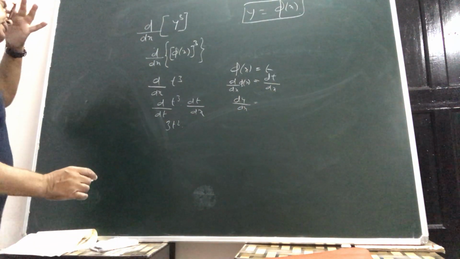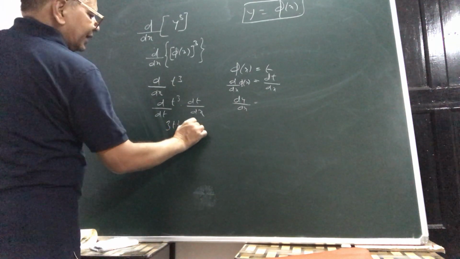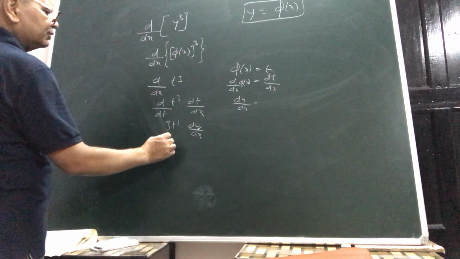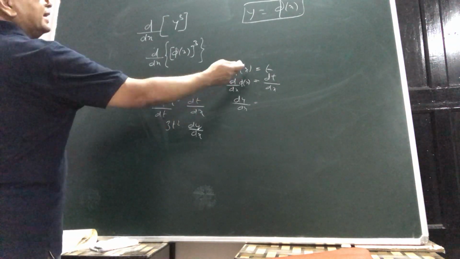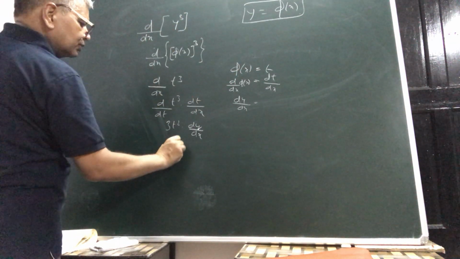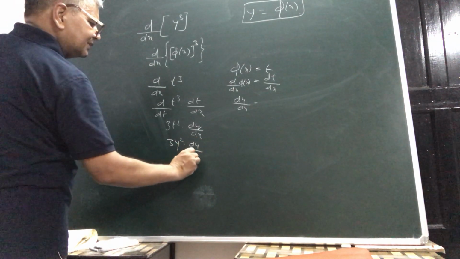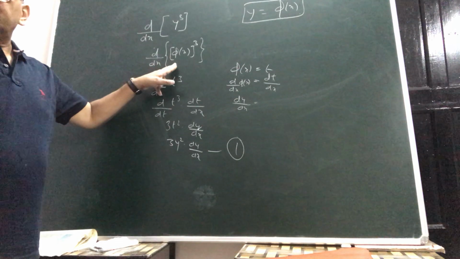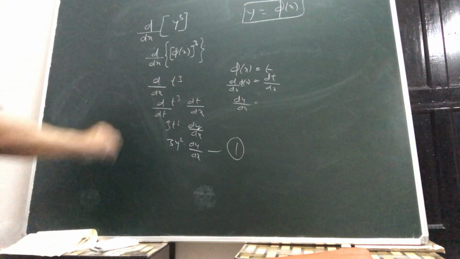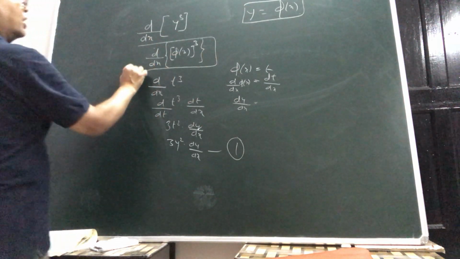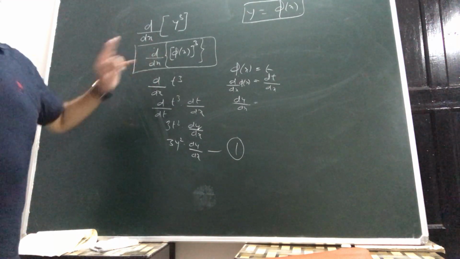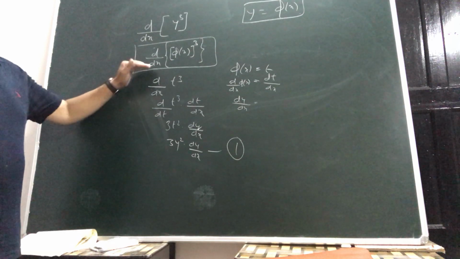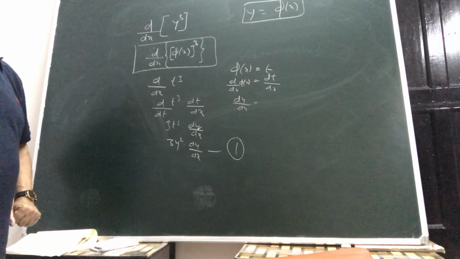So here you will put dy by dx, and in place of t, 5x, which is y. So 3y square dy by dx, this is what you get by this particular method. Only this much is there, but I was not doing it this way. I was not putting y equal to 5x, and that's why you were having a little bit of confusion about why I am not putting the internal function equal to t.